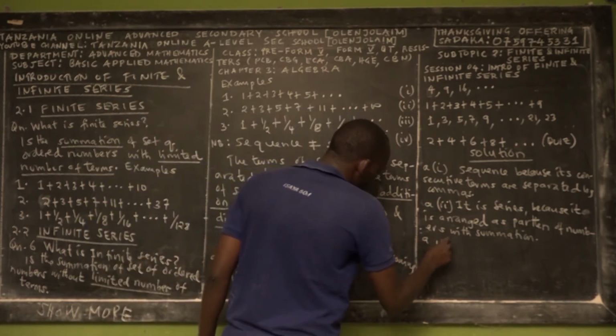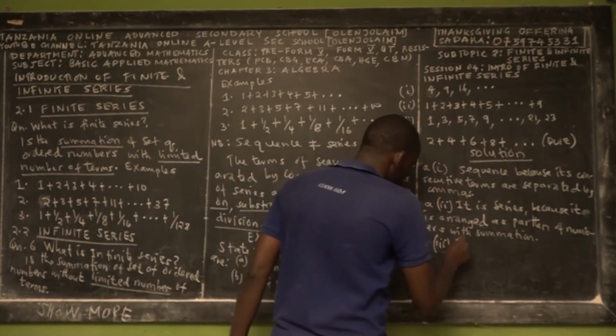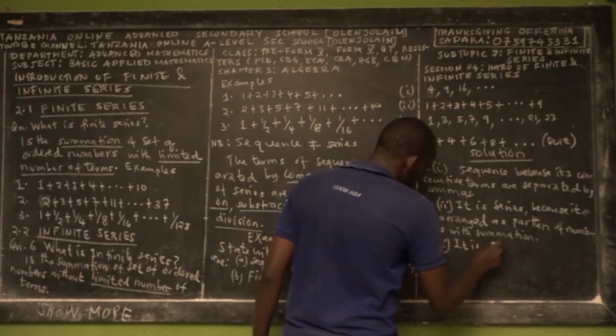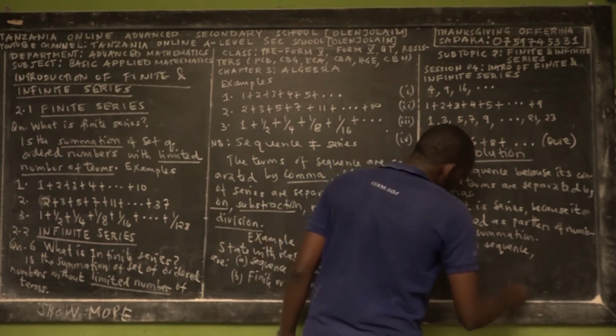Then we go to A, Roman 3. Yes, this is a sequence. Why?